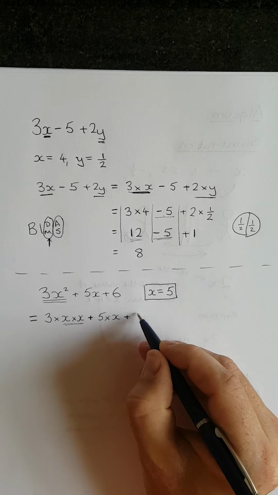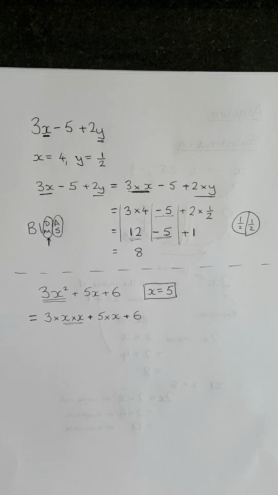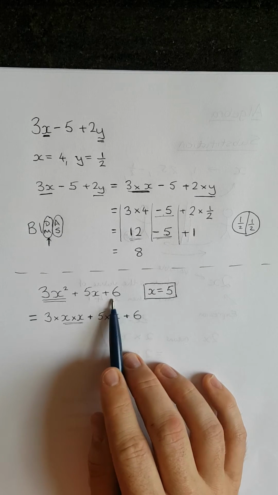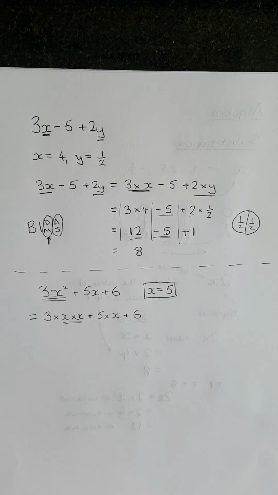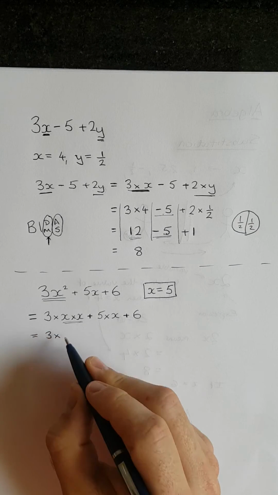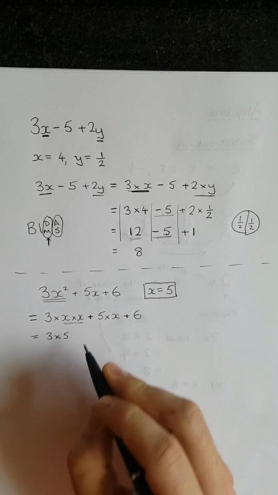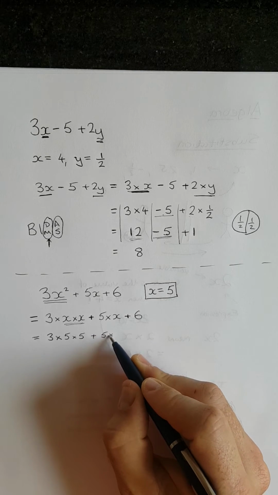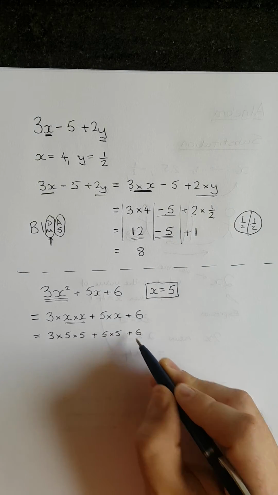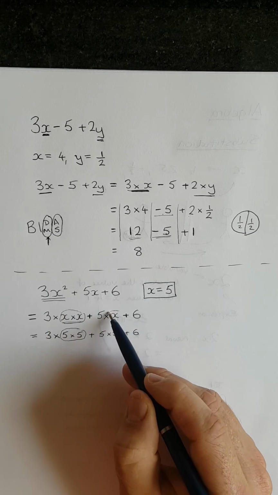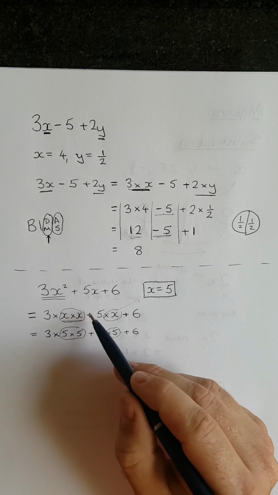And then that plus 6 on the end, where because there is no variable, no x or y or any other letter, we just keep it as it is. So that's 3 times 5 times 5 plus 5 times 5 plus 6. Substitution complete.